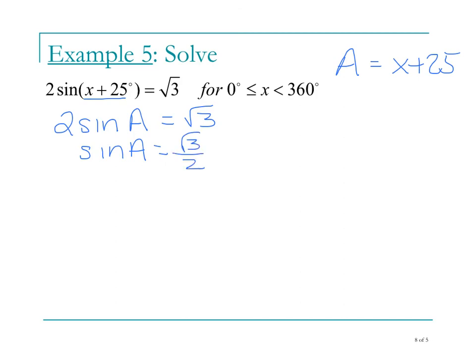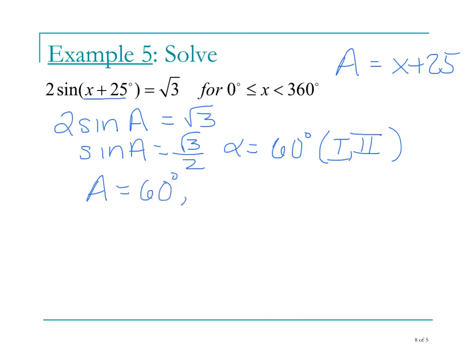Well, I know that the reference angle for this is going to be 60 degrees, and it's in quadrants 1 and 2, okay? Because sine's positive. So A will equal 60 degrees, and then it's also going to equal 120.